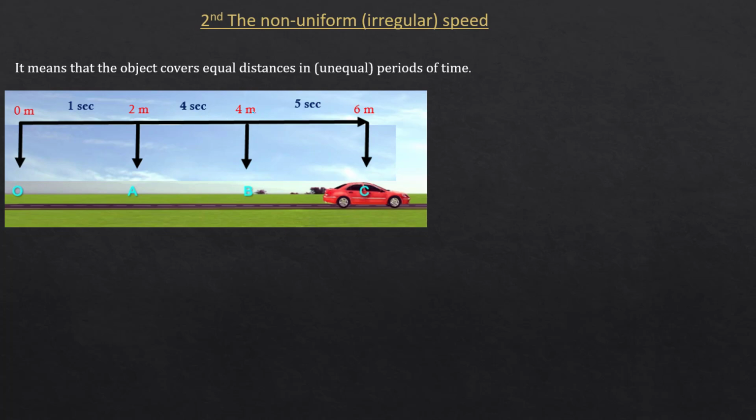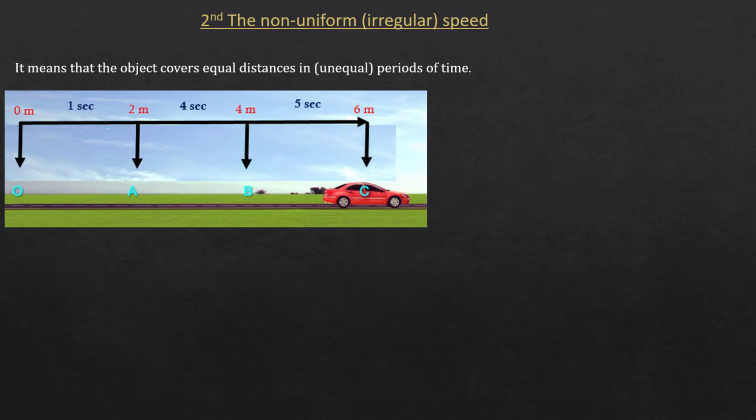And the car from B to C covered 2 meters, but in 5 seconds. So the car covers equal distance, 2 meters, 2 meters, 2 meters, in unequal periods of time. The first one in 1 second, the second one in 4 seconds, and the last one in 5 seconds. So now we can say the car moves with irregular speed.